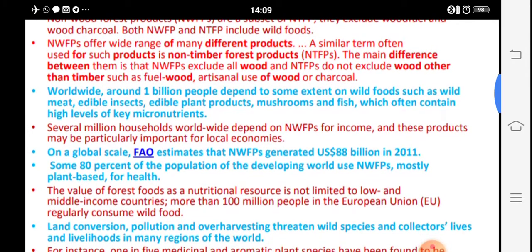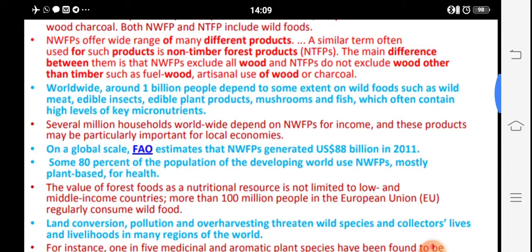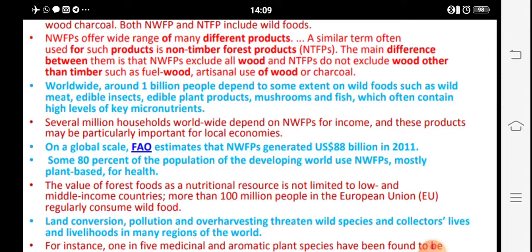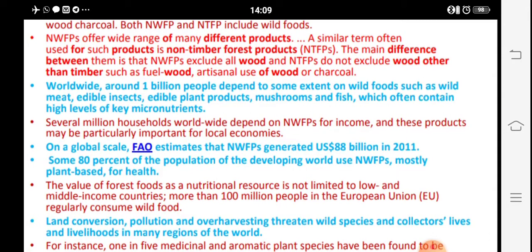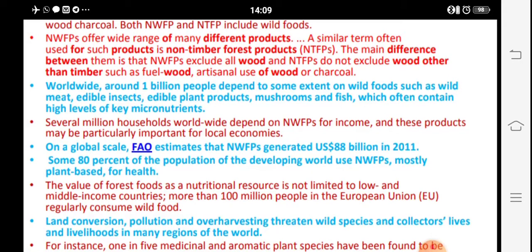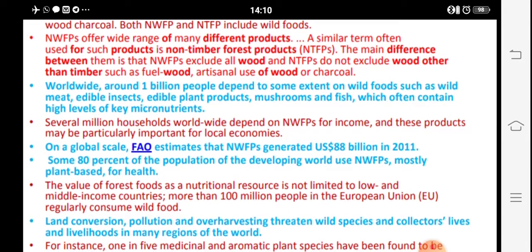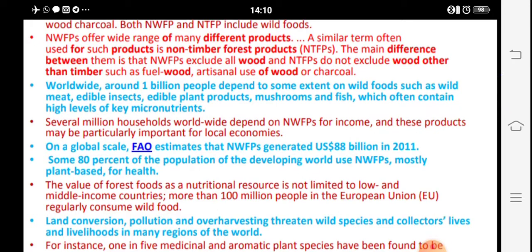Then worldwide around 1 billion people depend to some extent on wild foods such as wild meat, edible insects, edible plant products, mushrooms, fish, etc., which have high levels of key micronutrients. Several million households worldwide depend on these products for income, and these products may be important for local economies, right?